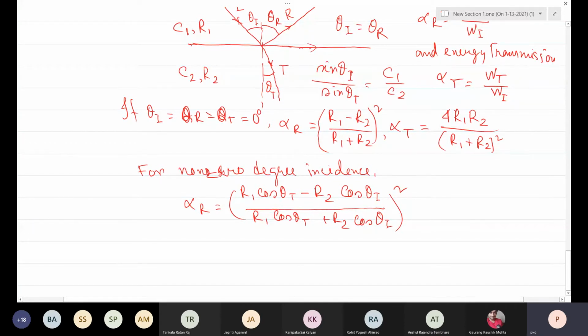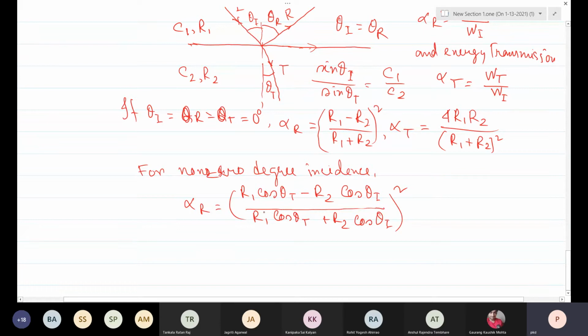After applying this relation, C1 sin theta t equal to C2 sin theta I, in general this is coming from another relation in terms of sin theta I and sin theta t.